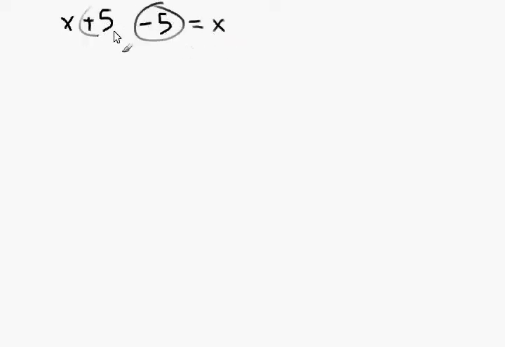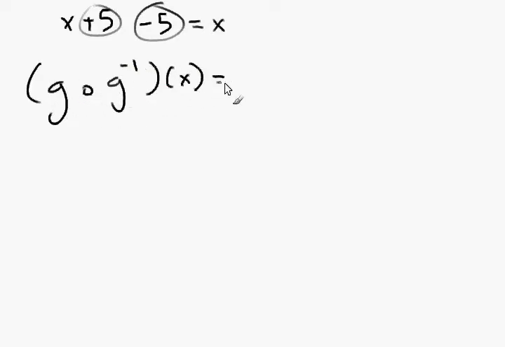I have inverses here. So I'm hoping I can take g, I can compose it with some other function, we'll call it g inverse, and have the result be just x. And this would be the identity function right here. The identity function applied to x.